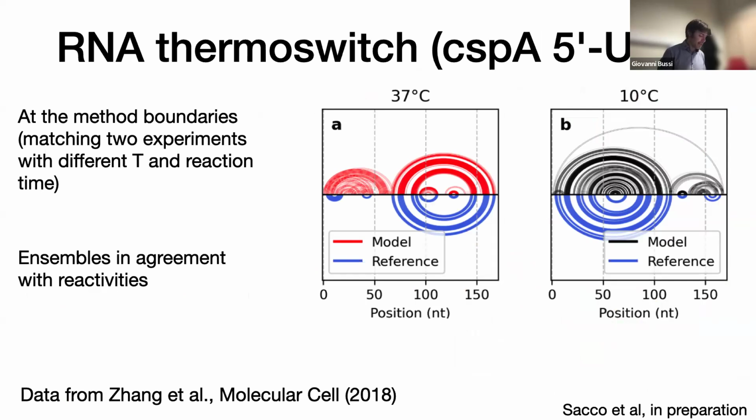These are data from a CSPA 5' UTR RNA thermoswitch. And what we can see is that by using this approach, even if we force the parameters determining the interaction between RNA and DMS to be the same in the two experiments, we can still recover the correct reference experimental structure, which is different at the two temperatures.